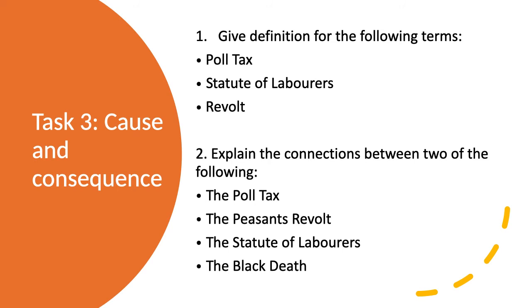Then I want you to choose any two of the following: poll tax, Peasants' Revolt, Statute of Labour, and the Black Death. And I want you to write me a sentence explaining how they are connected. How do they go together? What's the poll tax got to do with the Statute of Labour? How does the Black Death go with the Statute of Labour? Any two that you want.